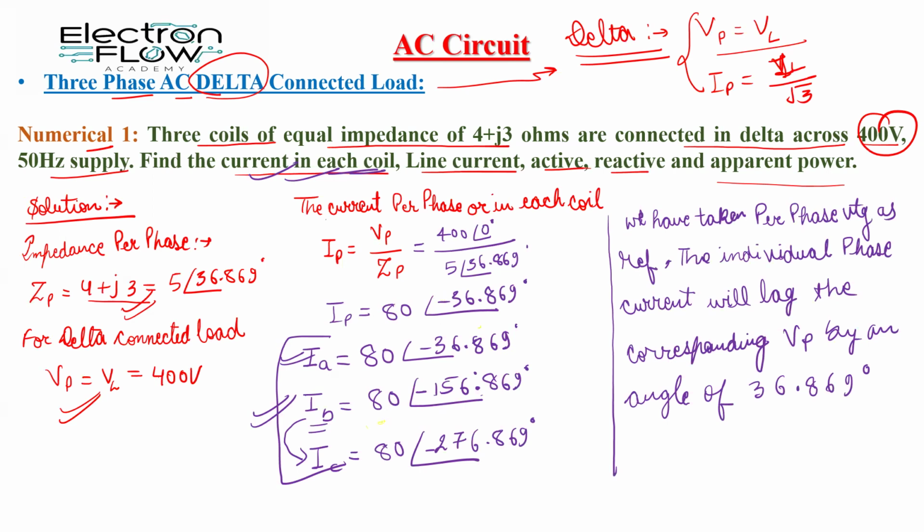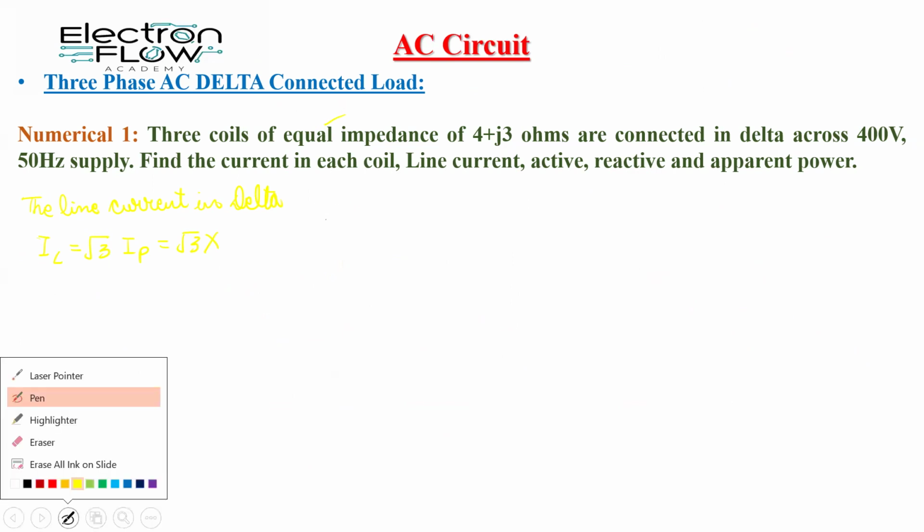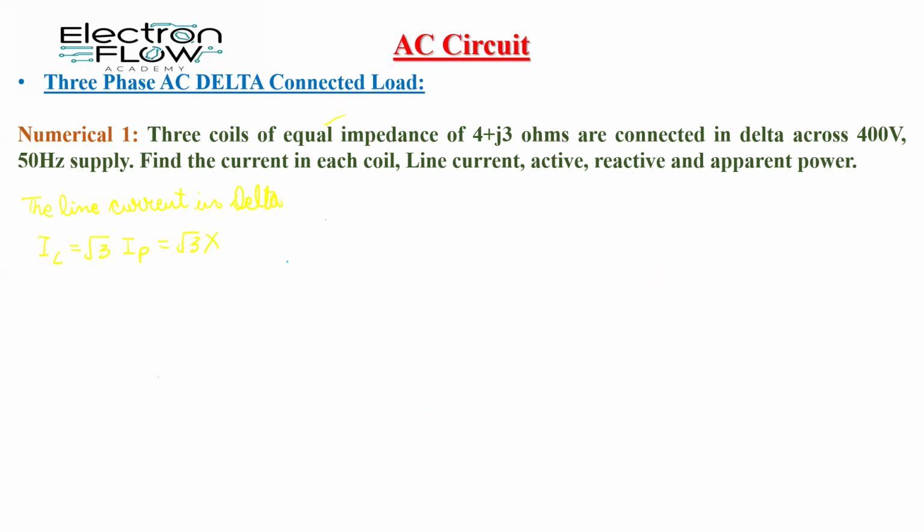So root 3 into 80, and the line current is equal to 138.6 amperes. This is how we calculated the line current.